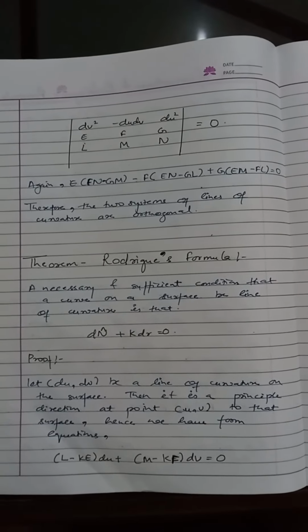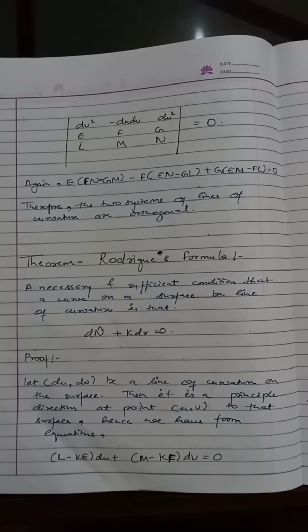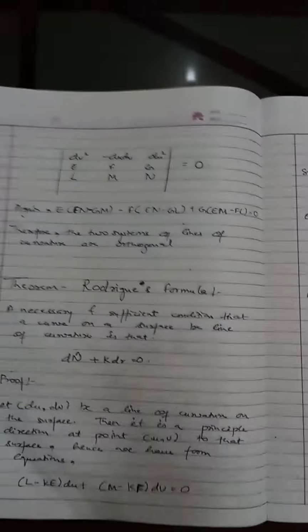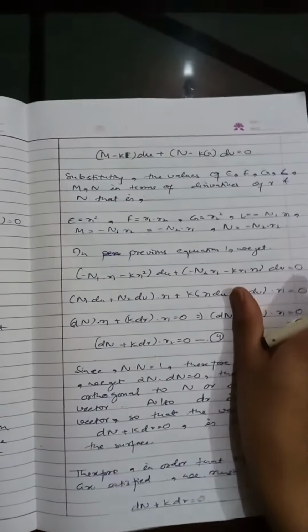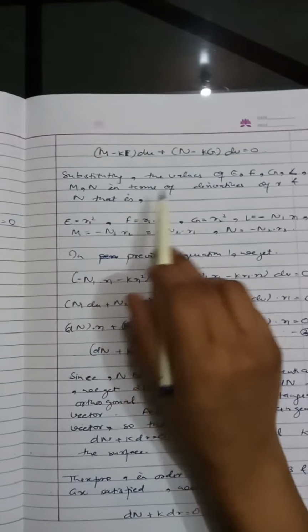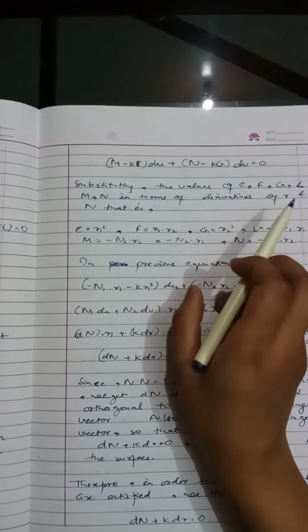Hence we have the equations (L minus kappa E) du plus (M minus kappa F) dv is equal to 0, and (M minus kappa F) du plus (N minus kappa G) dv is equal to 0.